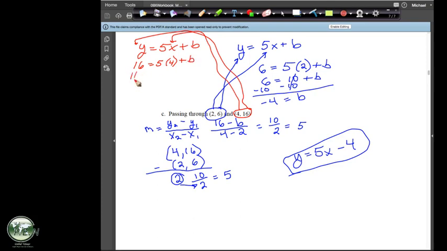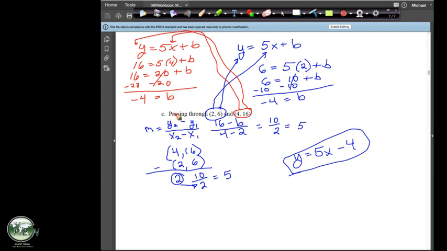So we get 16 equals 20 plus b. We subtract 20 from both sides. This cancels. We get b equals, oh my goodness, it's amazing, -4. Same answer. It worked.